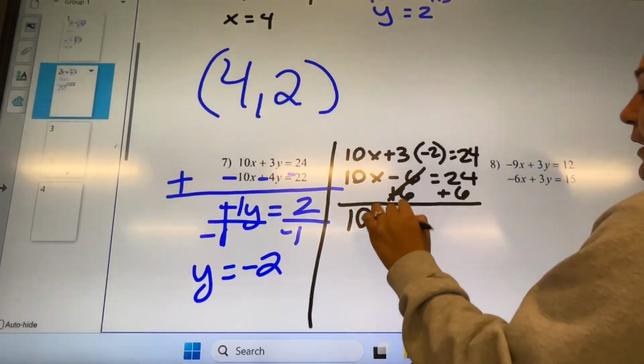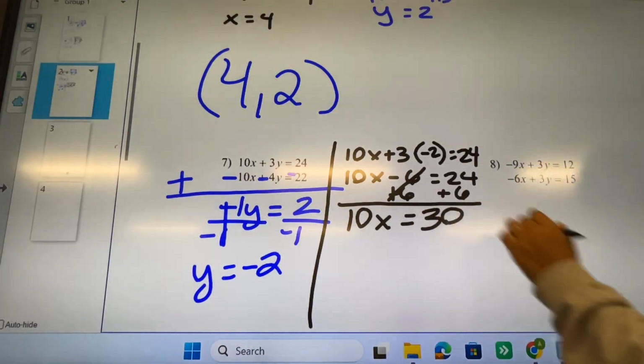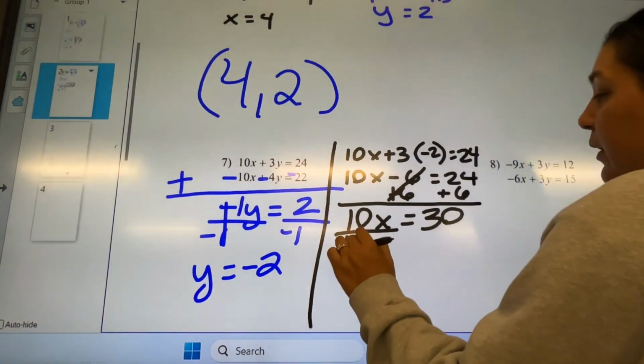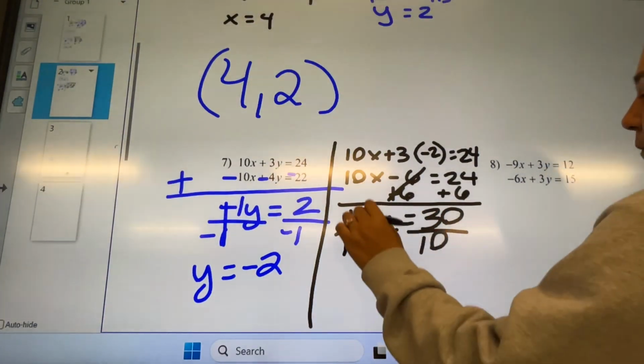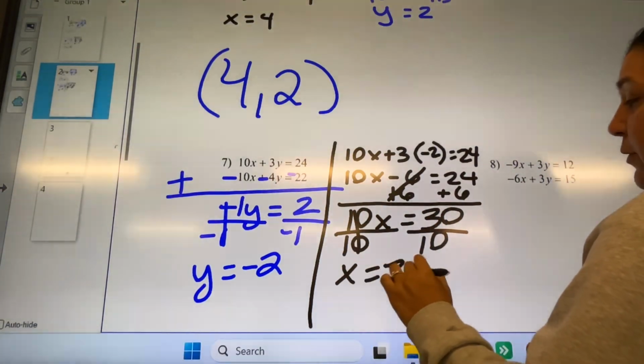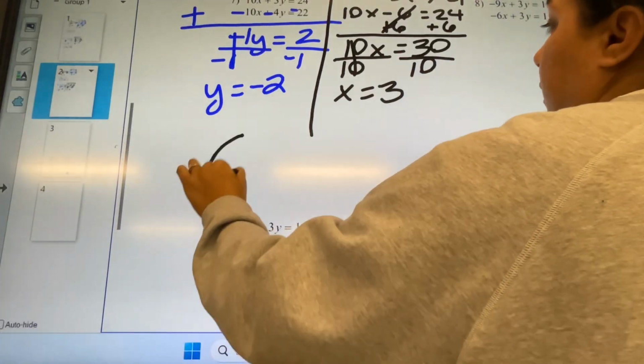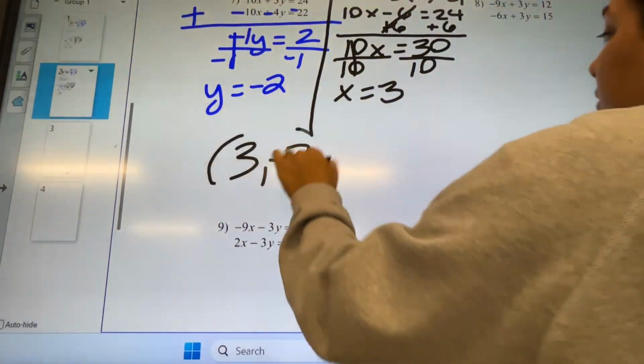So I got 10x equals 30. And then we're going to divide by 10. So we say x equals 3. Okay, so it should look like 3 comma -2.